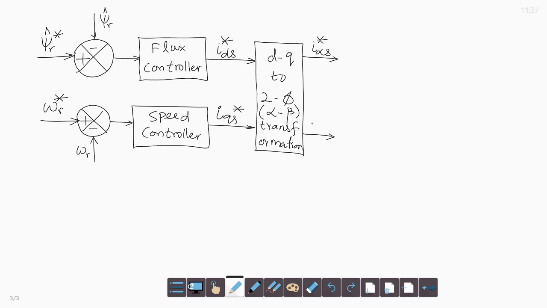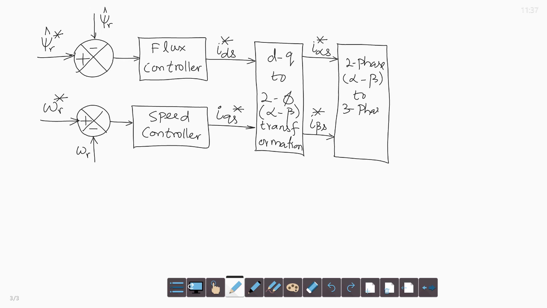Flux component is I alpha S star and torque component is I beta S star, stationary reference frame components. Then we have 2 phase, that means alpha beta to 3 phase, that means ABC transformation.